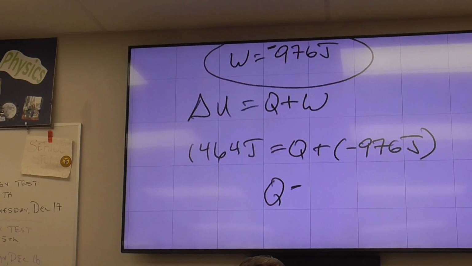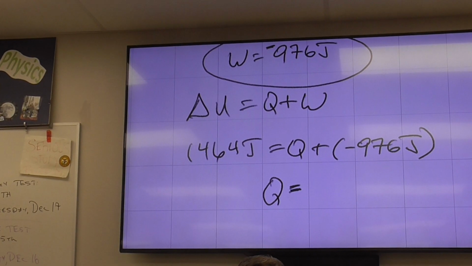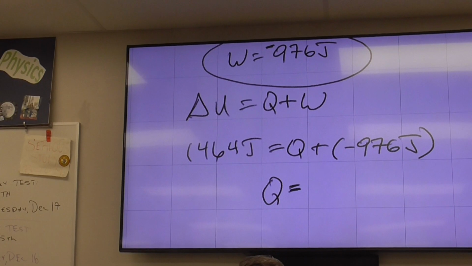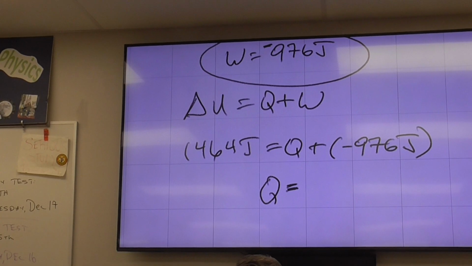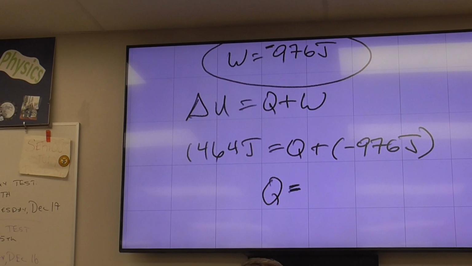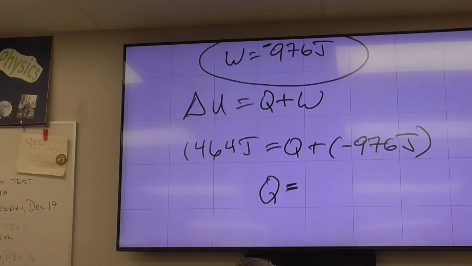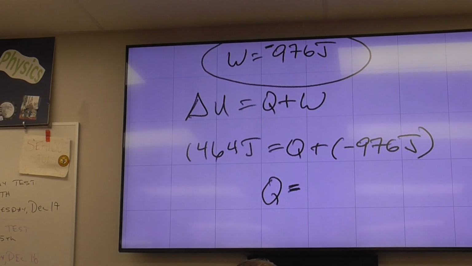Algebra. 1464 plus 976. What math are you doing? You add it, right? 1464 plus 976 is what? 1440. 2440.